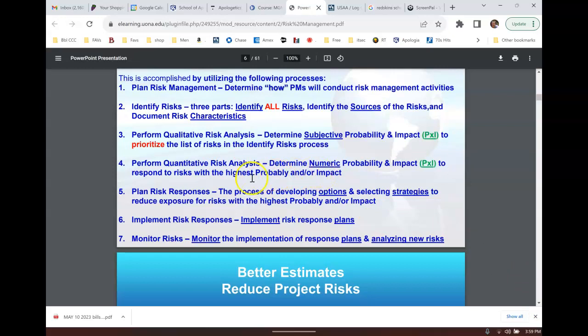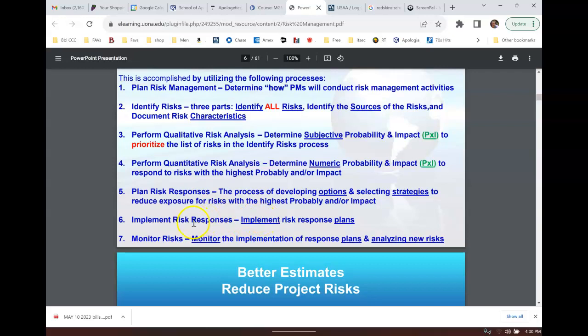And I'm only going to do this because this is hard to do. I'm only going to do this for the most challenging of the risks with the highest probability and impact. So I'm only going to do it on a few after I've organized them in step 3. Then I'm going to plan my risk responses, especially for those items that I did quantitative risk analysis on. Then we have to implement the response.